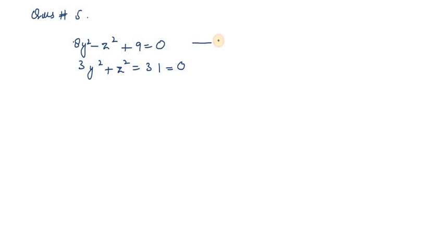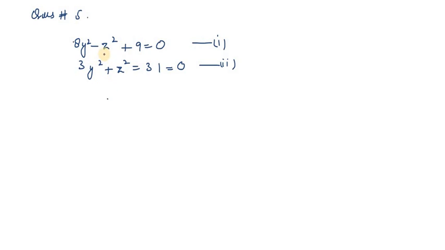So simply, we consider equation number 1 and equation number 2, and by the elimination method we get the value of y square or z square, depends on you.